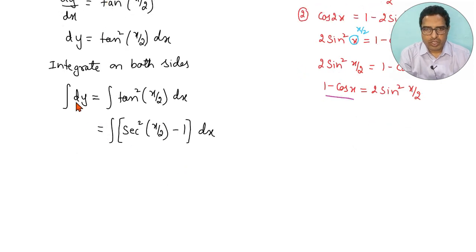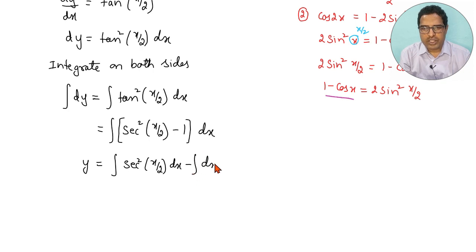Now let's try to integrate. On the left hand side, integral of dy will be y is equal to, applying the integral to each of the terms, integral of secant square of x by 2 into dx. Again apply the integral, it is minus integral of dx.